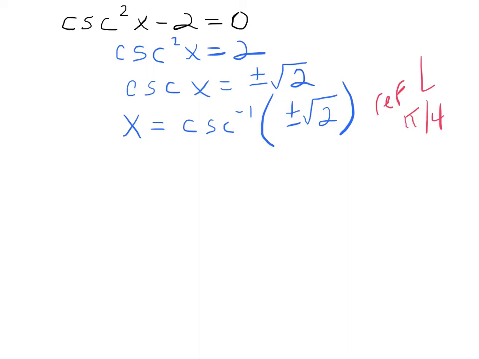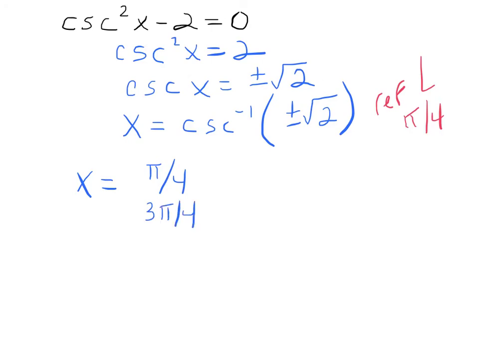Again, there's no restriction here, so it means I have to get all of the values because it's a plus and a minus. If the cosecant had a positive square root of 2, that would put me in the first quadrant at pi over 4. Because remember, cosecant is the reciprocal of the sine, and it would put me in the second quadrant, which would give me 3 pi over 4.